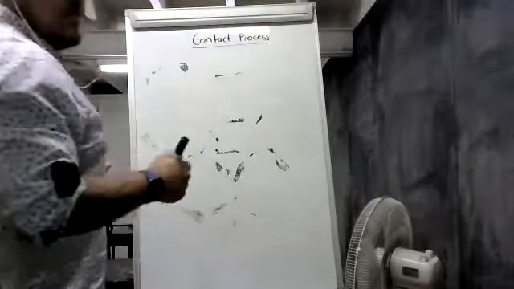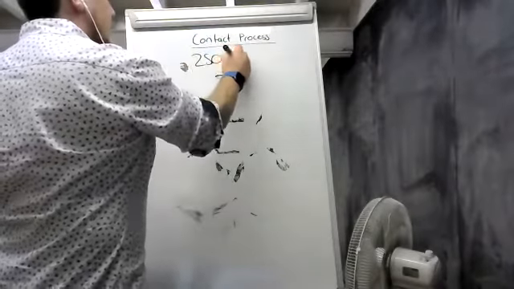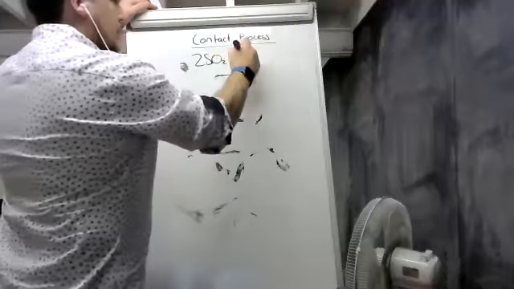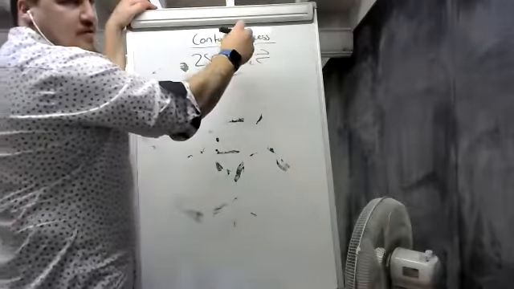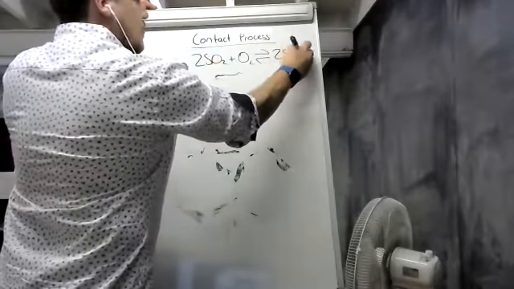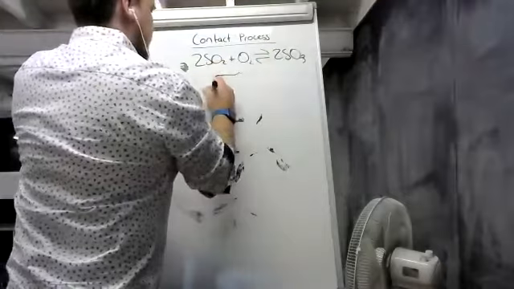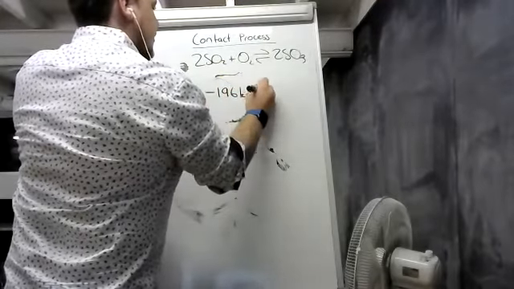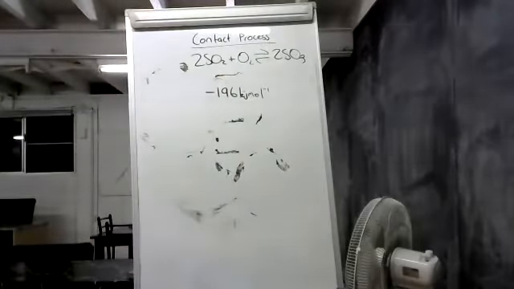So we've got, these are all gases, by the way. We've got a little equilibrium sign. So if you ever see these kinds of questions in your exam: is it exothermic, is it endothermic?